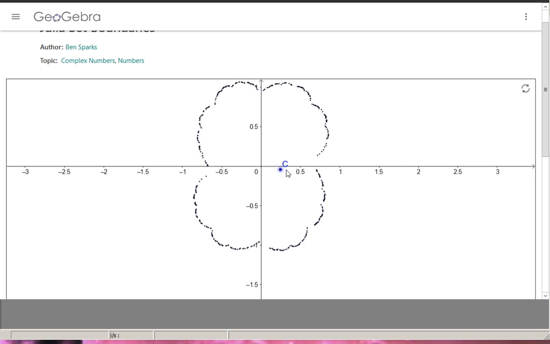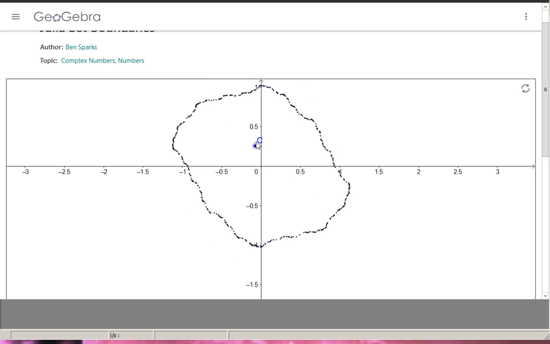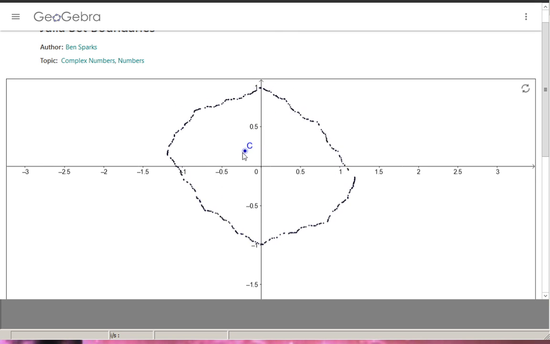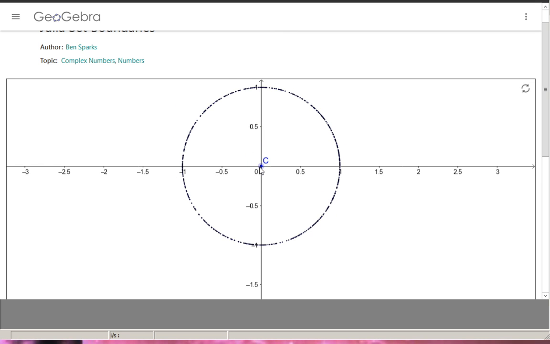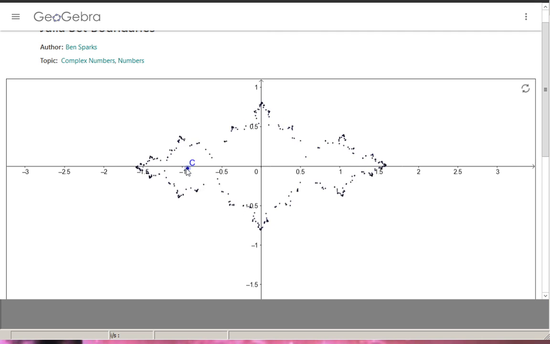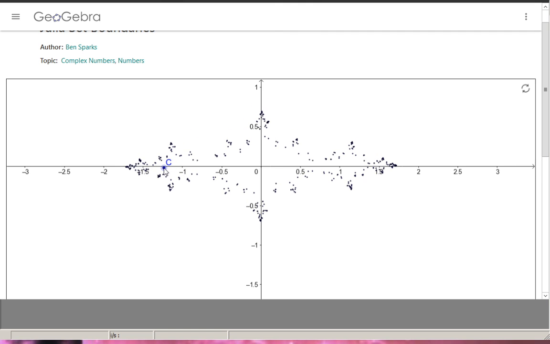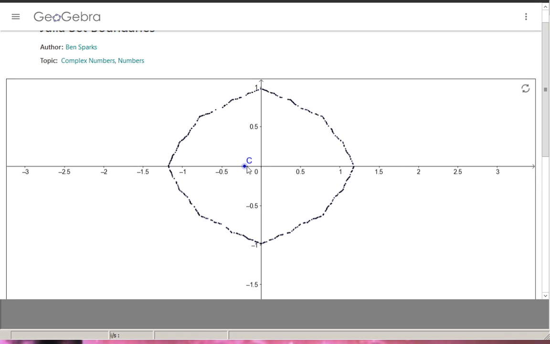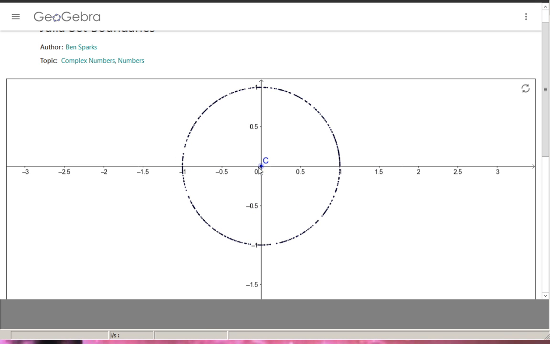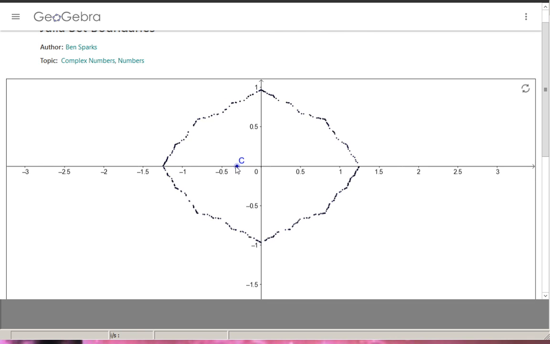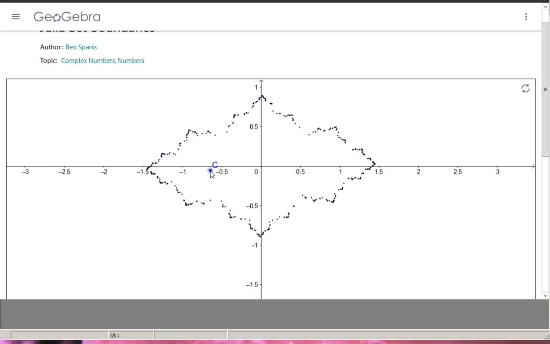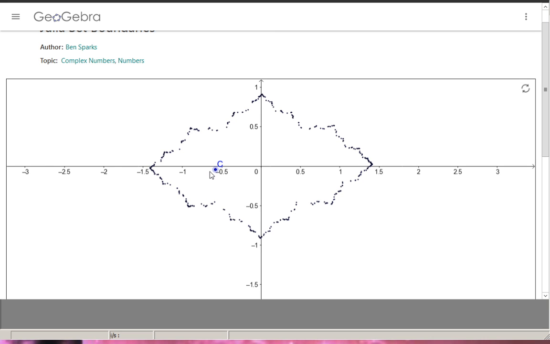No, wait, the Mandelbrot set only works if I go negative in this direction. I think this is a good place to start.